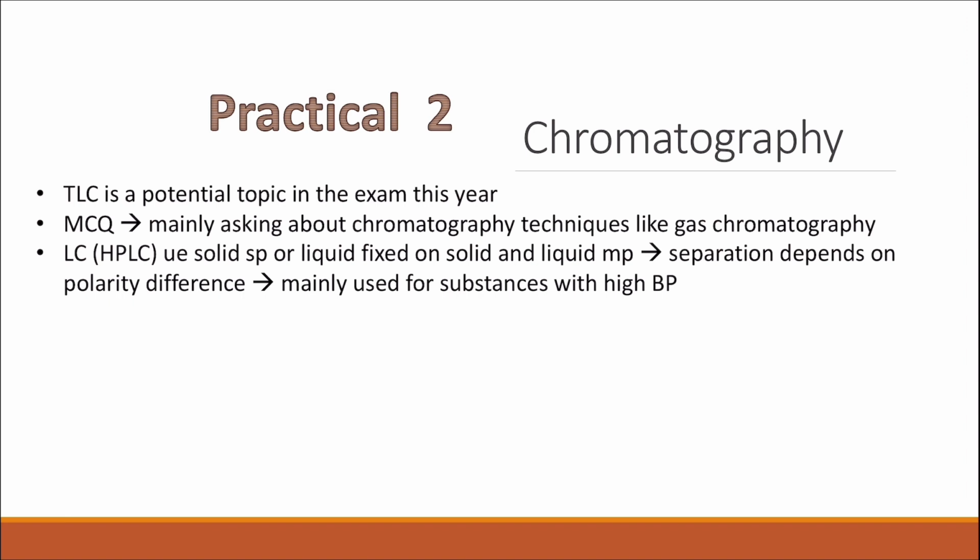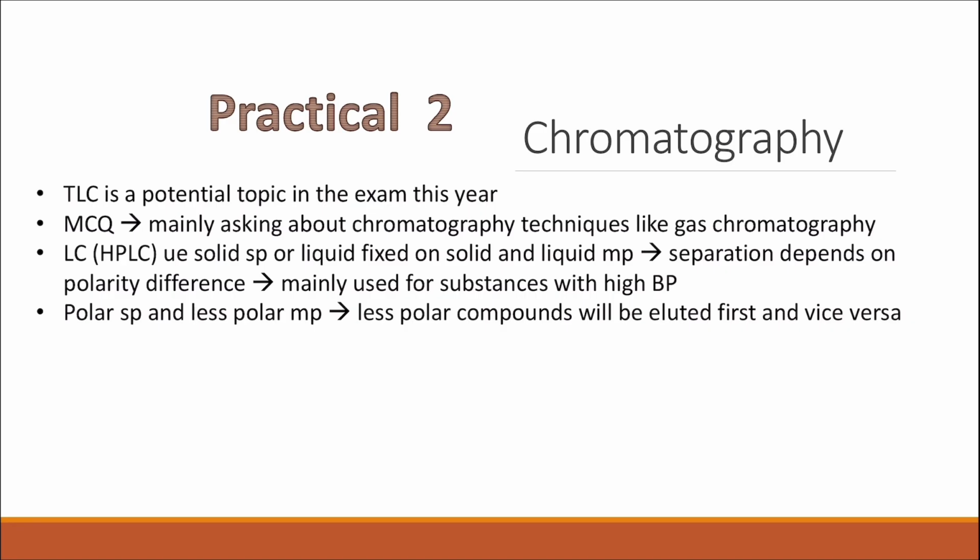So the different components have different polarity, so they can be separated based on that. It's mainly used when you have substances with high boiling points, because if they have lower boiling points, we will use gas chromatography as the preferred method for separating these components.